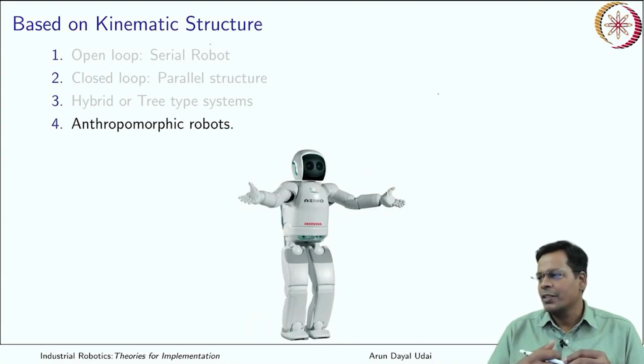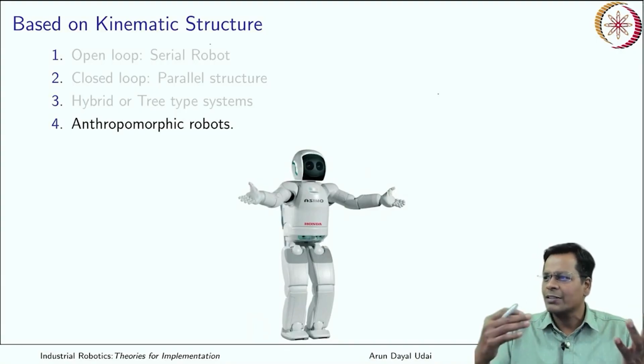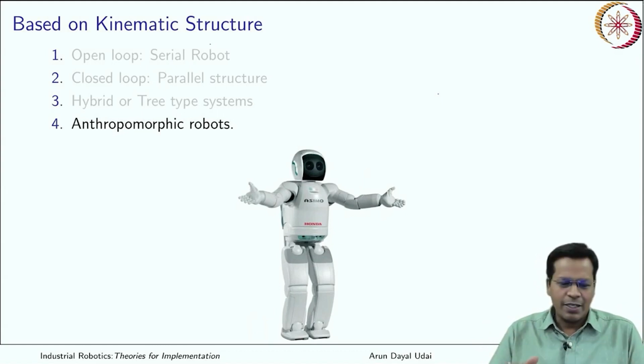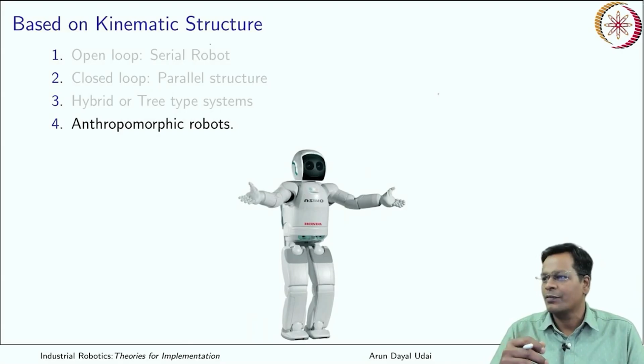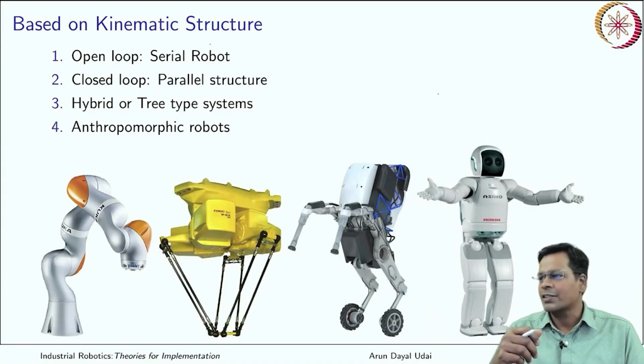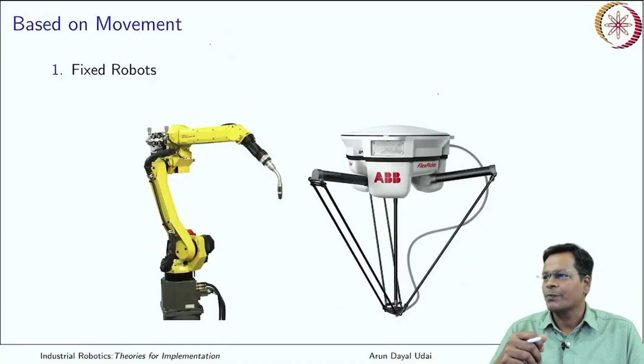It has various types of sensors, and arms very similar to your arm. Possibly it can be programmed for anything, but actually it is not, right? So there are limits always. So all together it goes like this. This is based on the kinematic structure of the robot, okay.